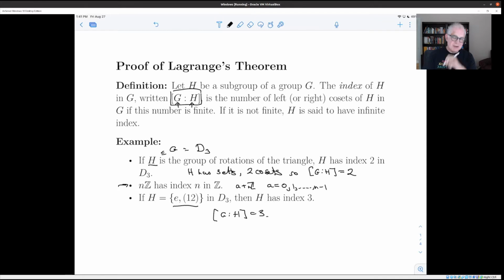And maybe just to give you an example of a subgroup of infinite index, suppose we take for our group G the multiplicative group of the real numbers. This is the collection of all x in R which are not 0, and that's a group under multiplication.